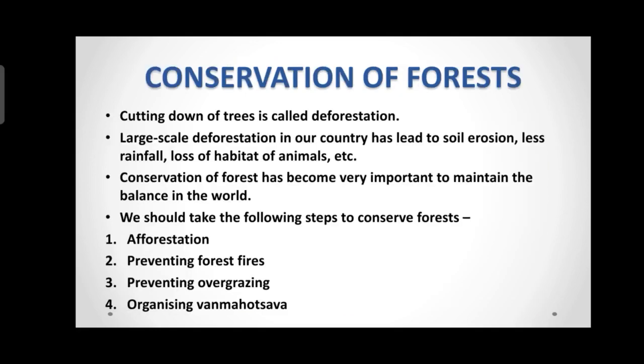Conservation of forests. Cutting down of trees is called deforestation.